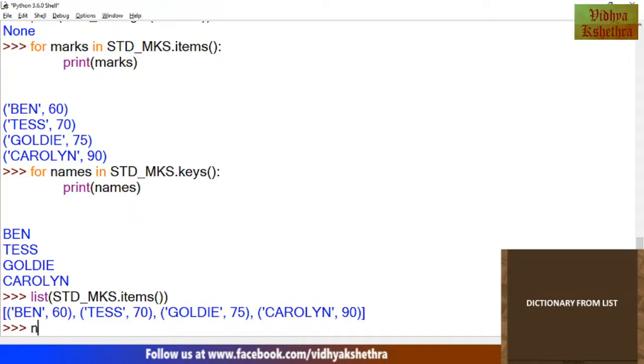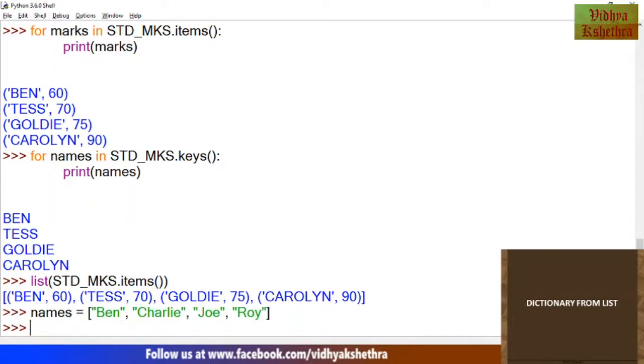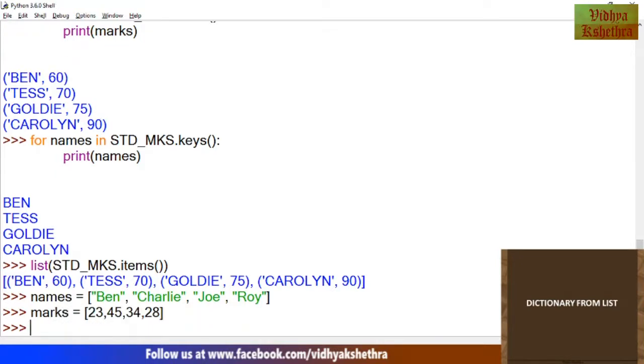That is, first list is the names. For converting these two lists into a dictionary, we shall use a method known as zip.